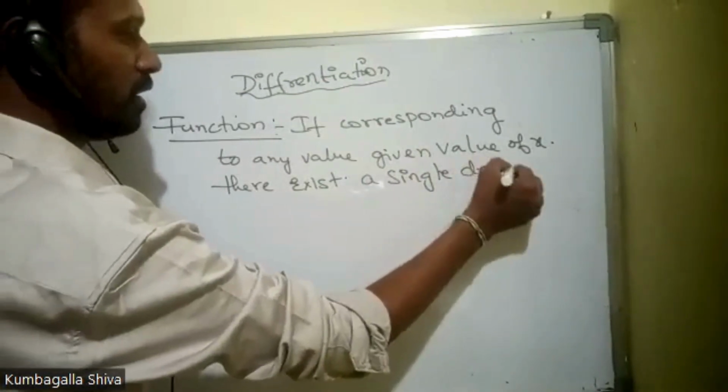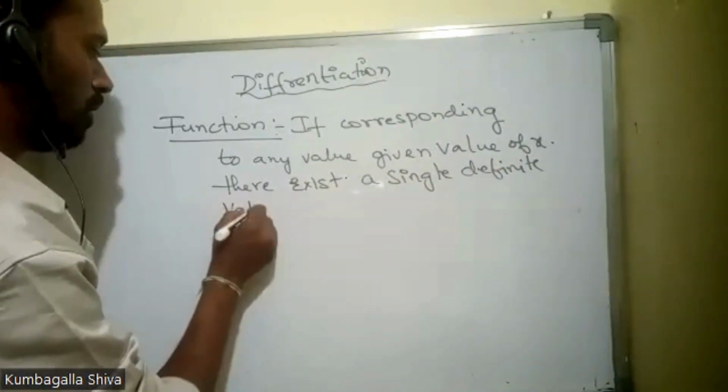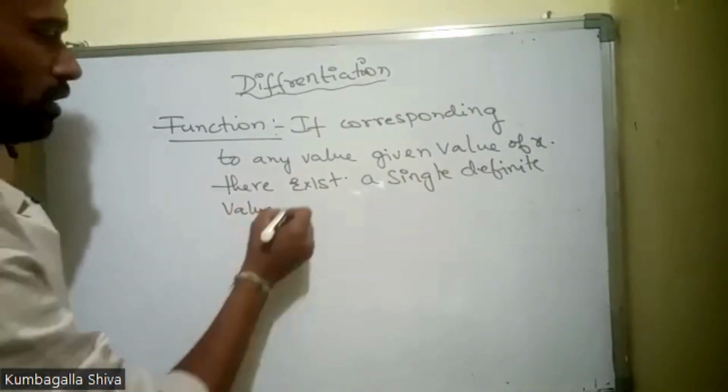Single definite value means you will compulsorily get a value. Then you say it is a function.